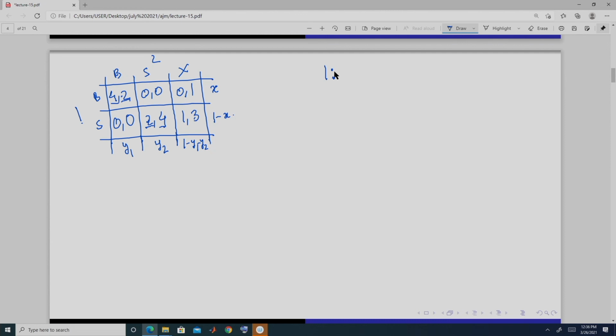Player 1's payoff, if it plays B, it is simply going to be 4y1 because the rest are 0, 0. If it plays S, then it is going to be 2y2 plus this.